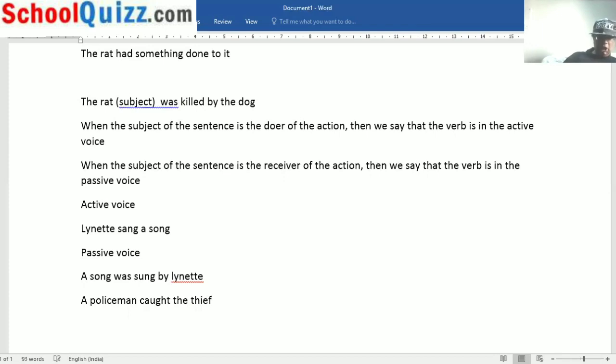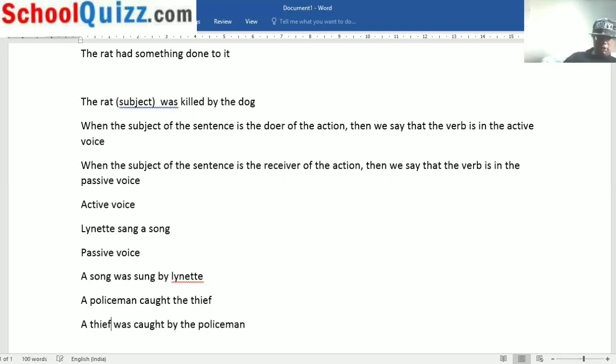Now, if I say a thief was caught by the policeman, the subject of the sentence is the thief, but he is the receiver of the action of catching. So he's the object, he's the receiver of the action. So this becomes a passive voice. Have you got that? Right.